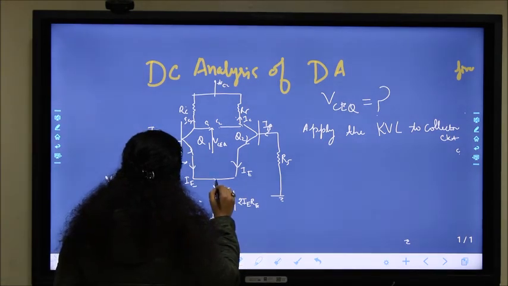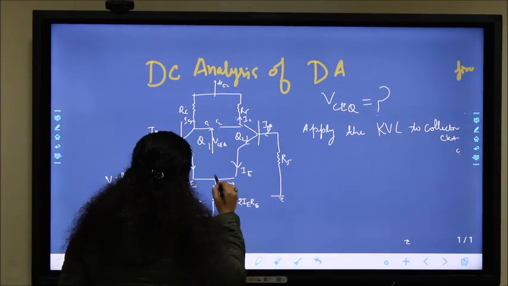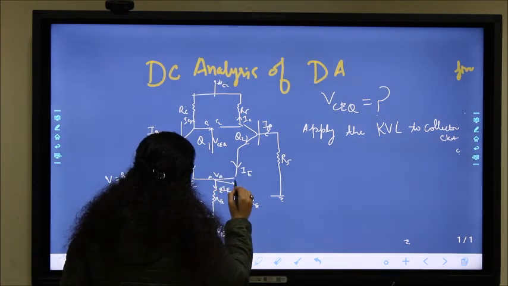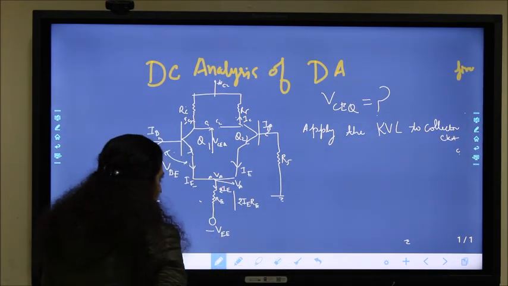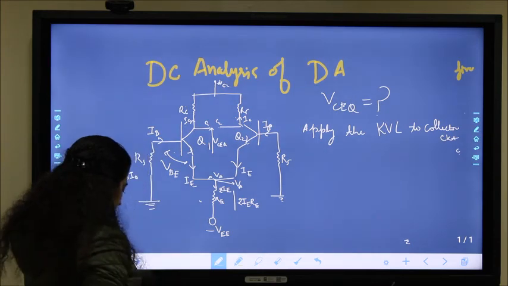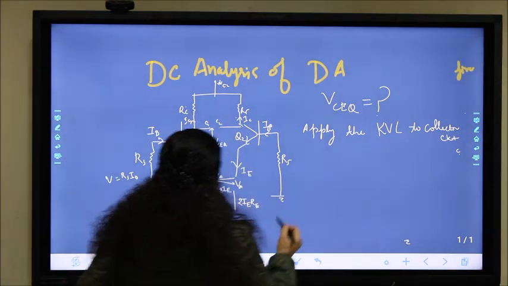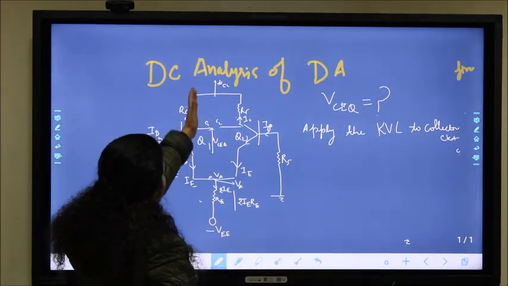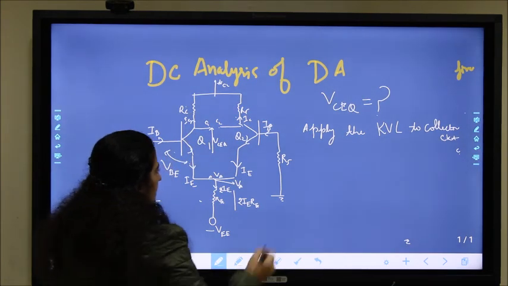VA is the voltage drop here at the junction point. Since the circuit is symmetric, we will take only one part of this.